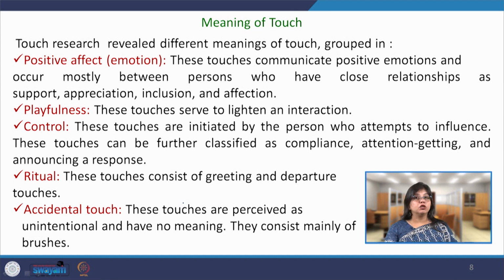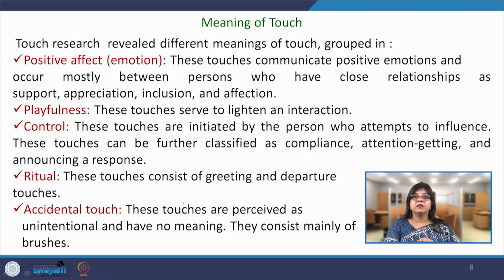The other is ritual, which consists of greeting and departure touches. When we welcome, for example, in Western and in Indian cultures, we fold hands before the other person to welcome the guest, and at the same time how we say goodbye to the other person. These are all the cultural aspects or rituals where touch plays a very important role in greeting and departure. The other is accidental touch.